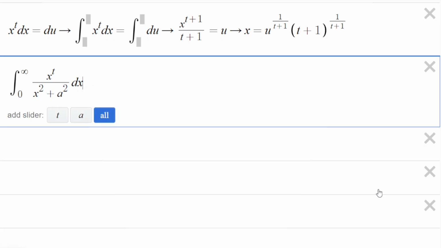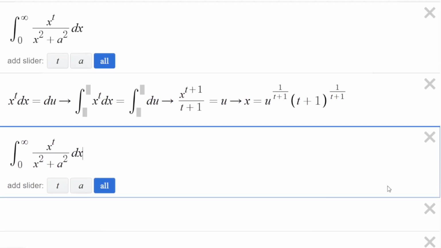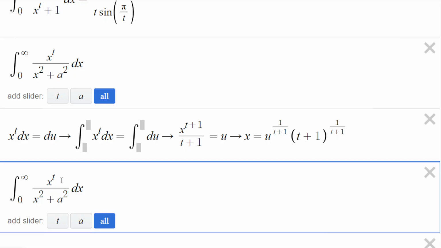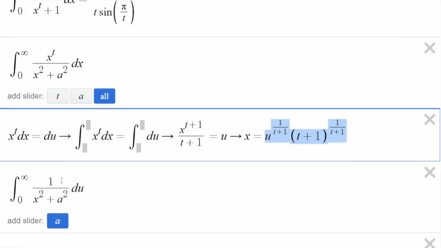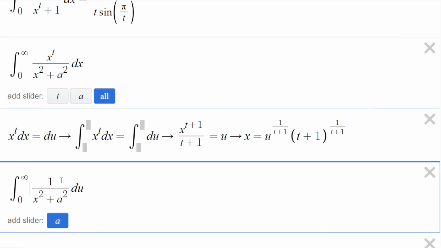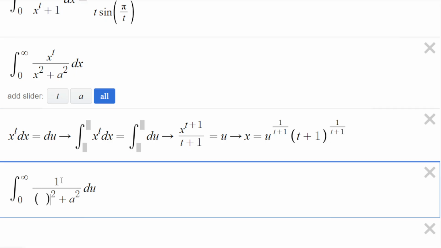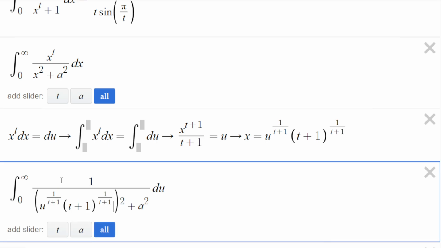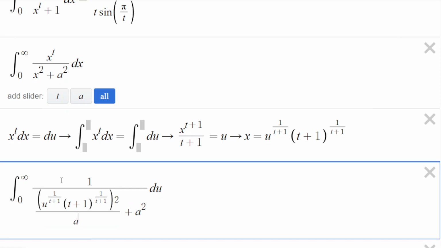So, our x to the t dx was defined to be du. So, there we go. And our x is this. Our bounds of integration don't change. Our x is this, and then it's squared. Okay, so now let's divide by a squared on top and bottom.